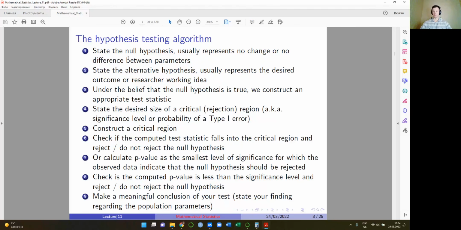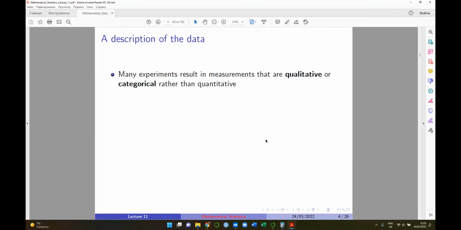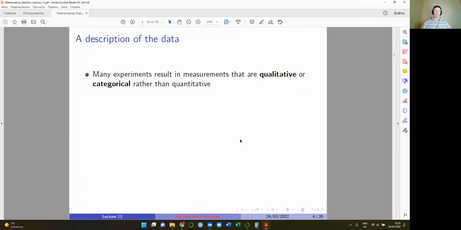This is a very important thing because we are not doing only mathematics. We want to provide some economically meaningful conclusions with the help of this mathematical tool. Therefore, this last thing must always be provided. And related to the midterm, I will give points for the correct conclusion of your tests. It must be done. And now let's go to the material of today's lecture.